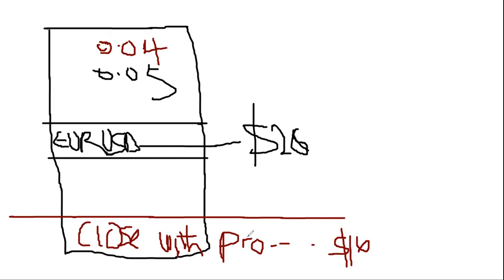Now, if you close this in profit, you know what this means? It means that you still have 0.01 running.